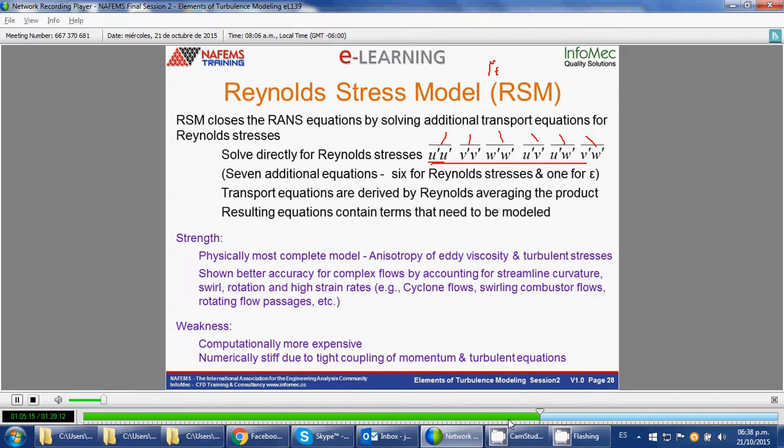And so this would be our velocity scale. And then we'll have 1 additional equation for length scale, maybe using dissipation epsilon. So now you've got 7 additional PDEs that you have to work with, as opposed to 2 for K epsilon.